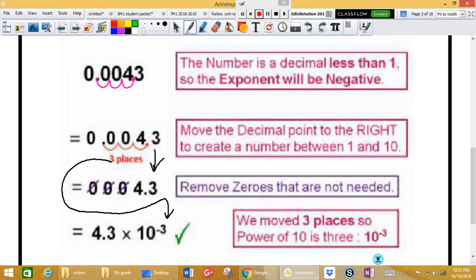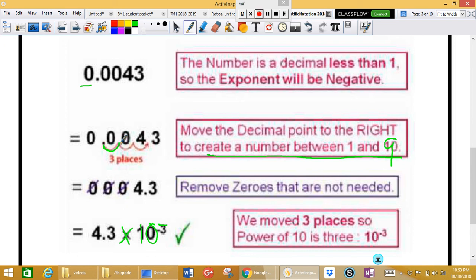With decimals, the same rules apply. The number is a decimal less than 1, so the exponent will be negative. A lot of times I go right to the bottom and I'll write times 10 to the, well, first thing I figure, it's going to be a negative. So I set myself up. Then I need to move it right to create a number between 1 and 9.